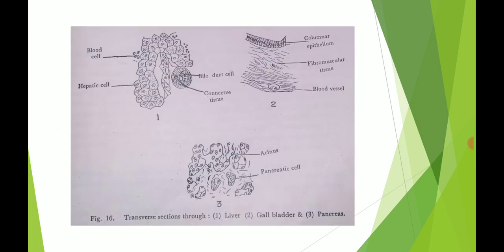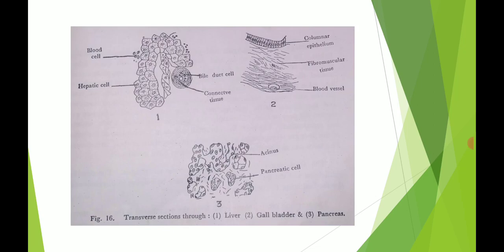Next is the diagram. The first, second and third diagrams are transverse sections through the liver, gallbladder as well as the pancreas. The first diagram is the liver. In the liver there is a thin connective tissue. In the middle there are bile duct cells.